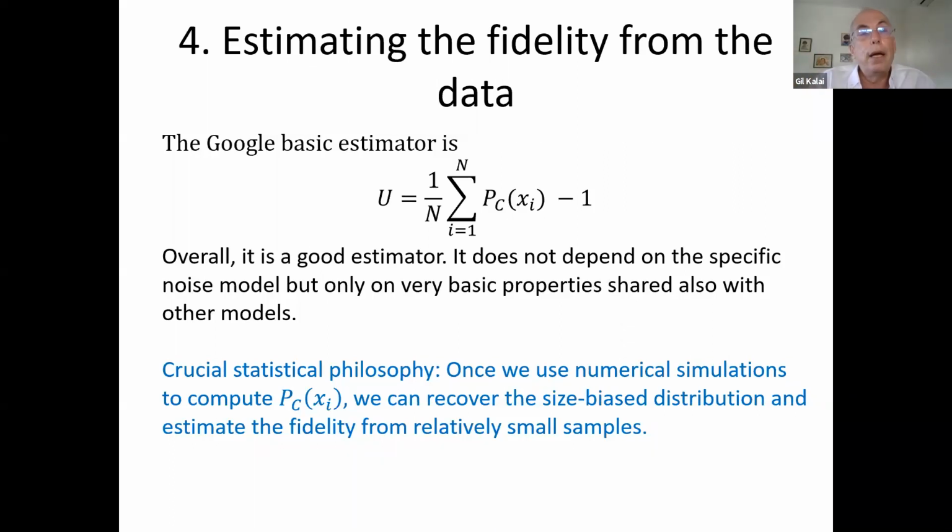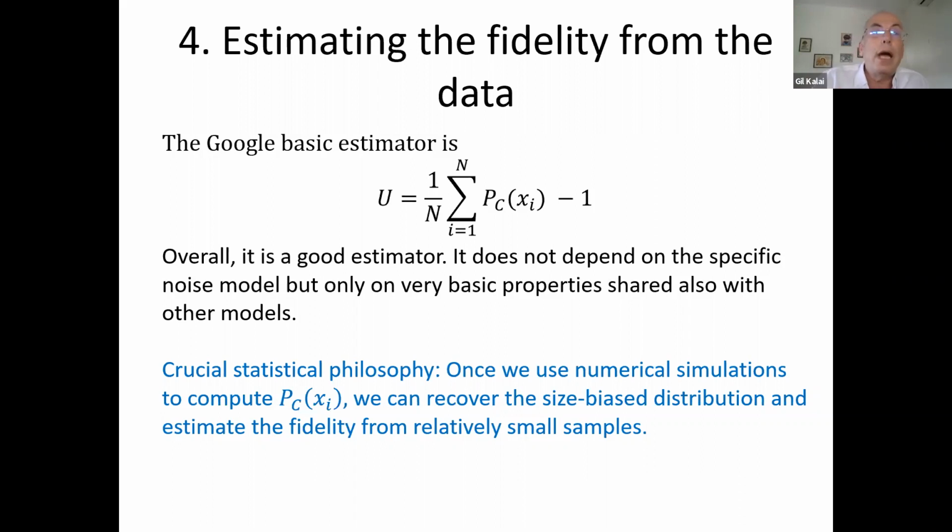So remember that if we have 53 qubits, then we are talking about a sample space of size 2 to the power 53.